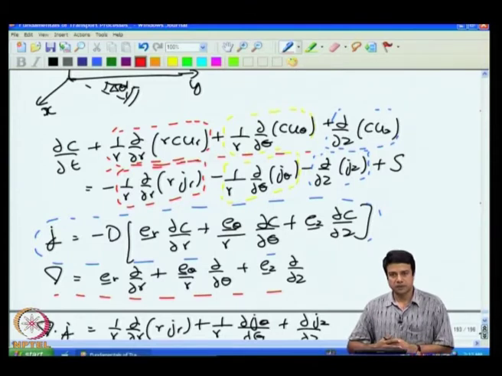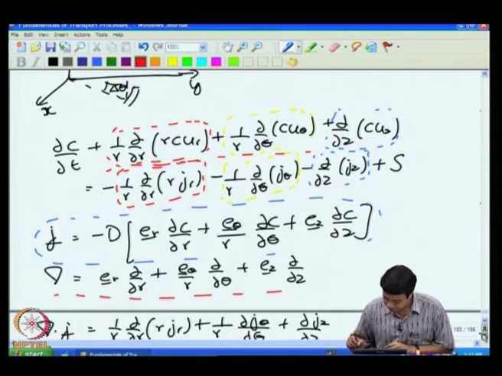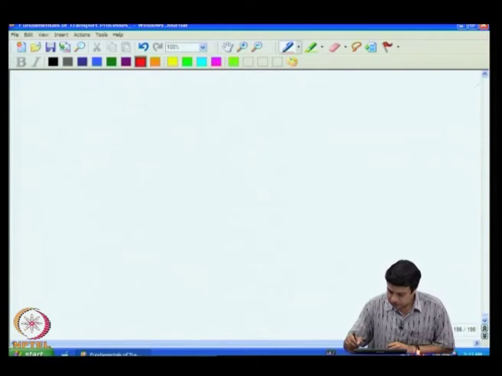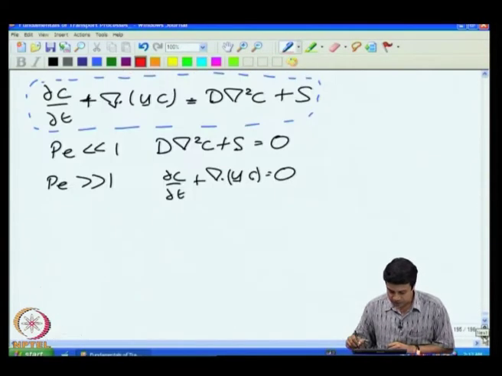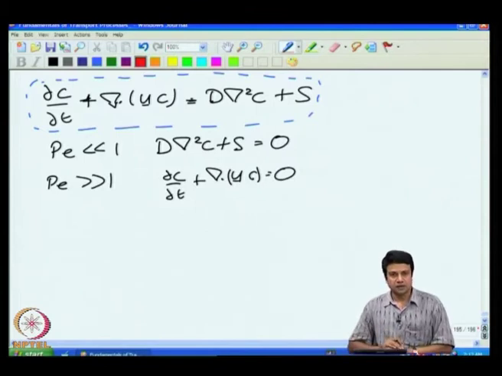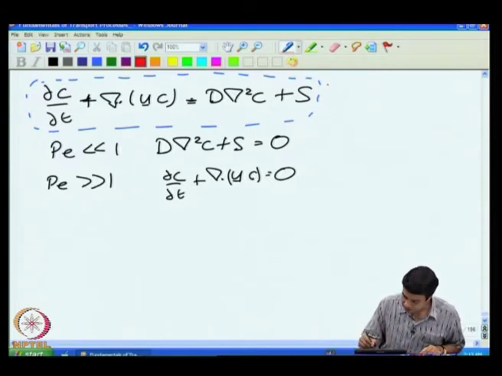So, one would just write down the conservation equation in that particular coordinate system, and then write down what are the boundary conditions for the particular system being considered. So, the next question is, how do we go about solving these equations? Okay. This is the mass diffusion equation, the convection diffusion equation.